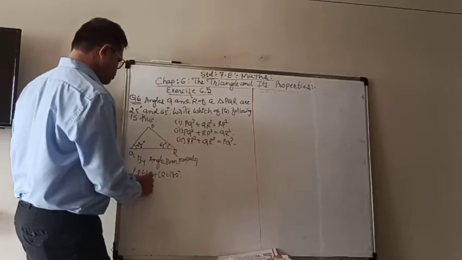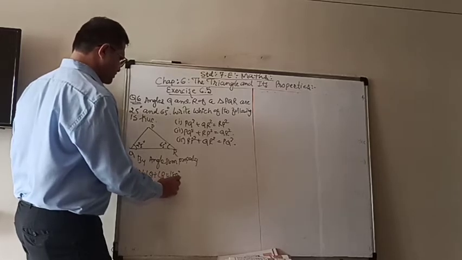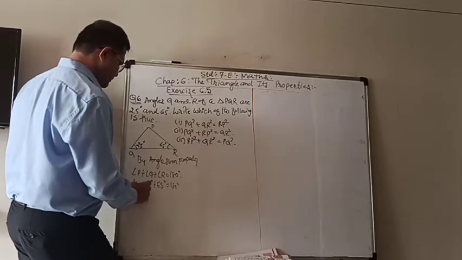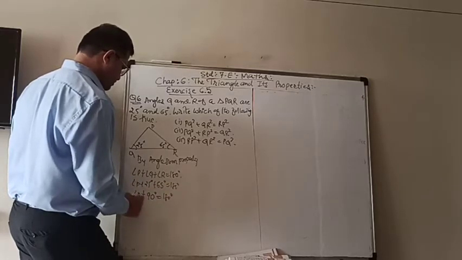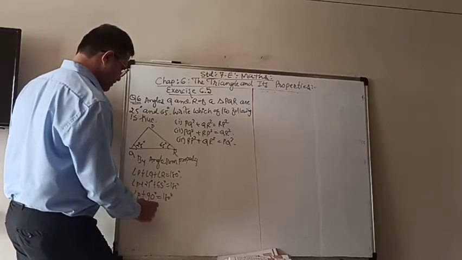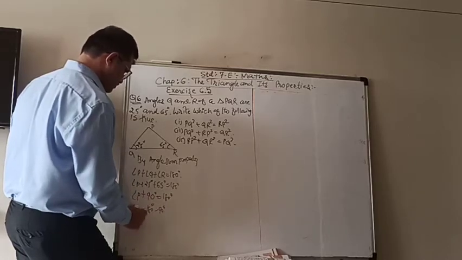So angle P plus 25 plus 65 is 180. So angle P plus 90 is equal to 180 degree. So angle P is 180 degree minus 90 degree. So it is 90 degree.